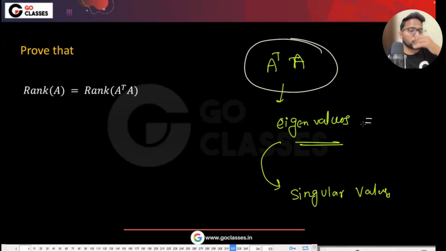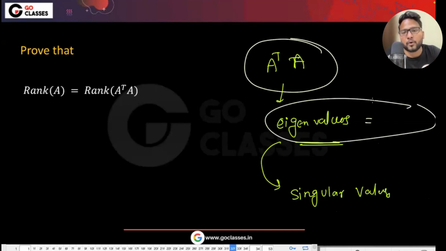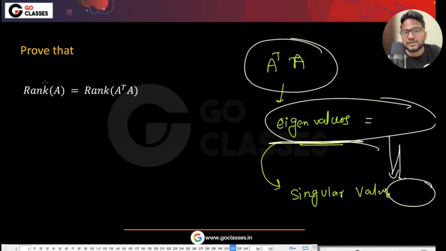I mean, as many non-zero eigenvalues as there will be, that many non-zero singular values there will be. Obviously, this is a square root, right? So it's a one-to-one mapping, right? So as many non-zero here, that many non-zero there. So basically the non-zero eigenvalues of A transpose A will give the rank of A transpose A, which is the rank of A, right? And non-zero eigenvalues are nothing but the non-zero singular values. So by looking at the singular values, how many non-zero singular values there are, I will immediately get what the rank of A is.